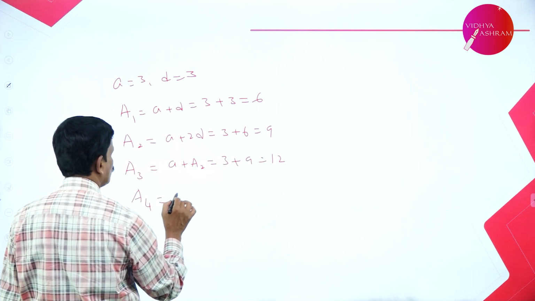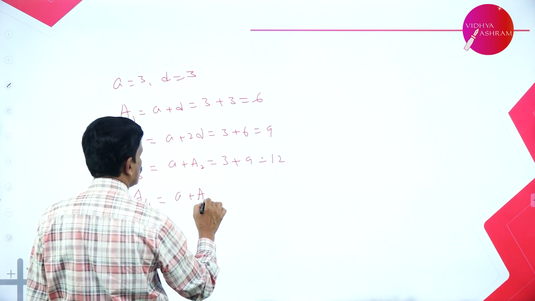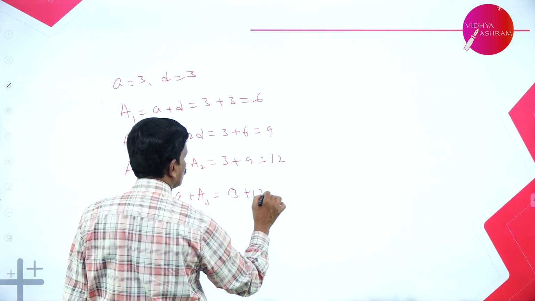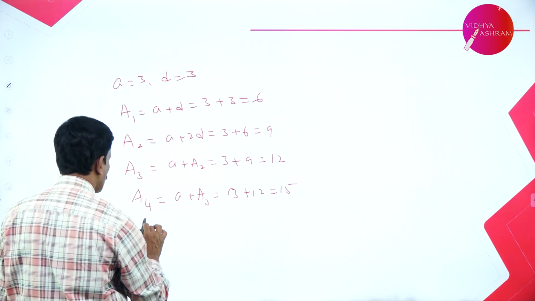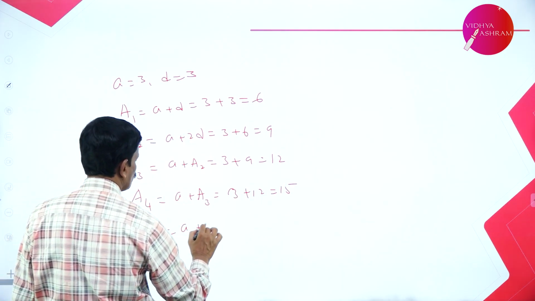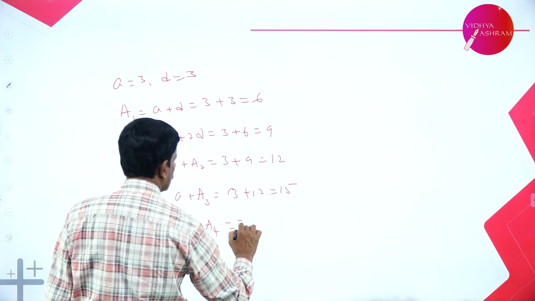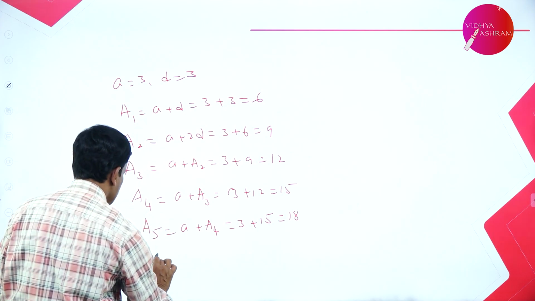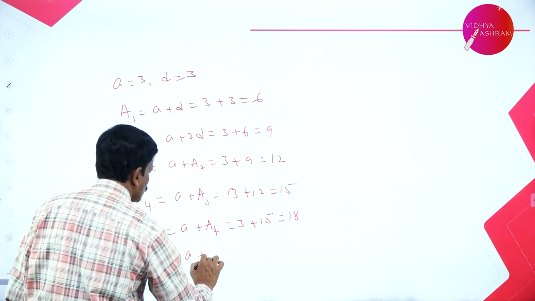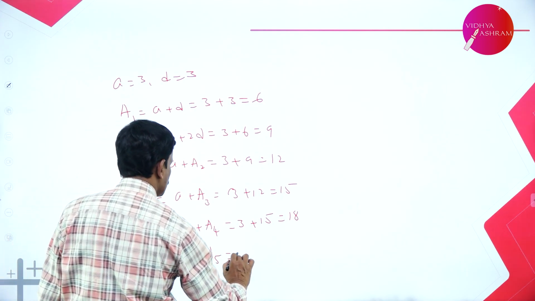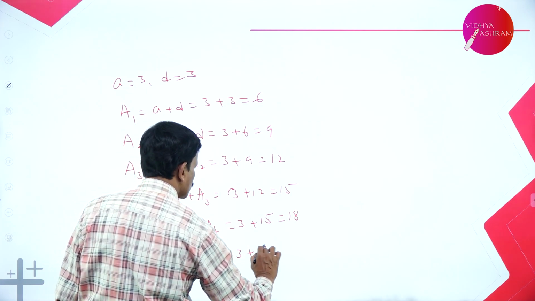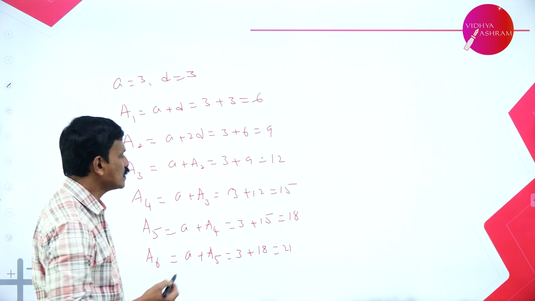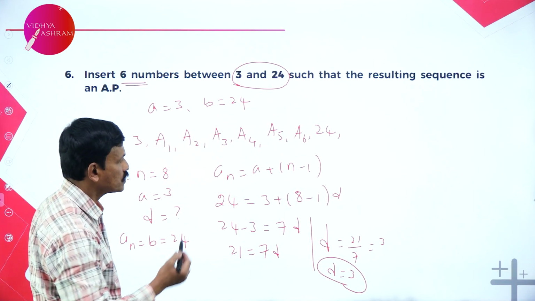The fourth term A4 is 12 plus 3, that's equal to 15, and A5 is 15 plus 3, equal to 18, and the sixth A6 is 18 plus 3, that's equal to 21. If you add 21 plus 3, you will get 24. That is the last term.